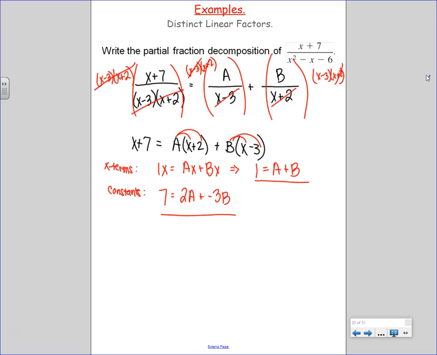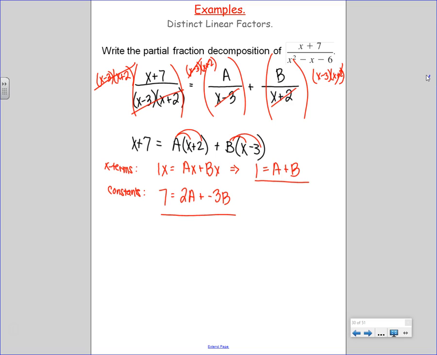Terms with x's and terms without x's. Question, can 2 x terms ever make a constant? Not very well. Can constant terms ever randomly turn into an x? No.